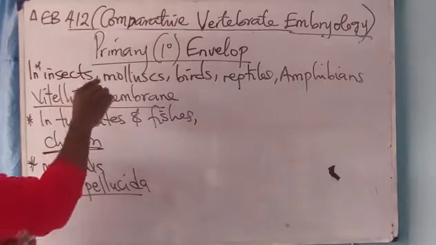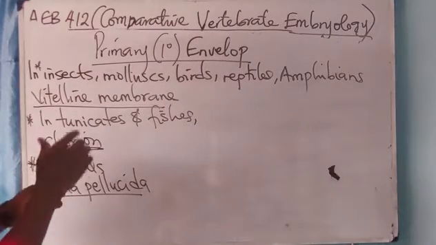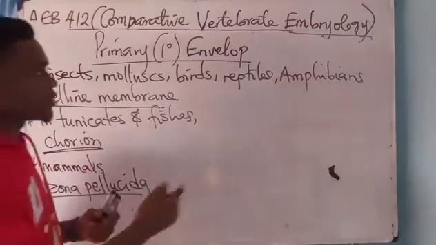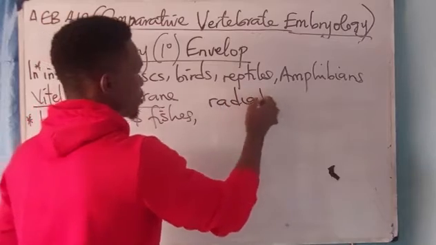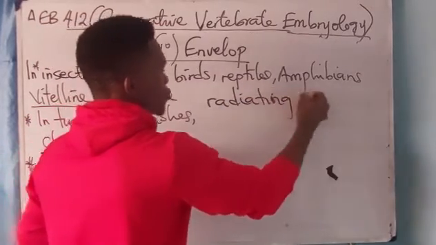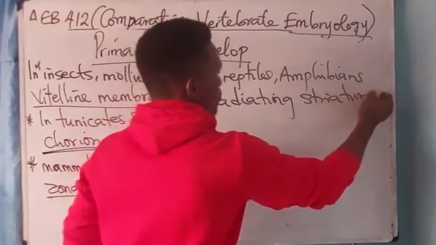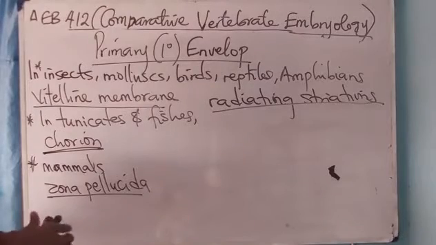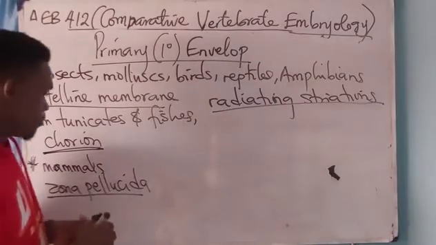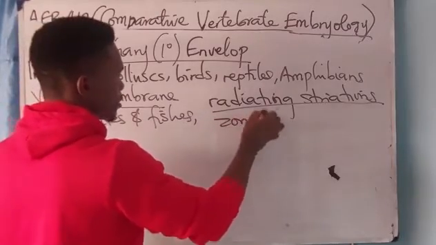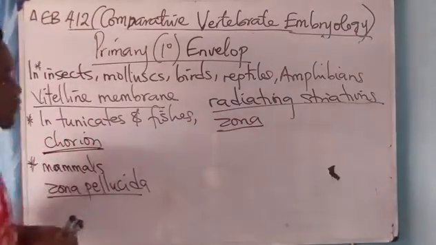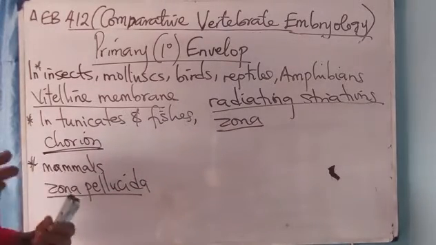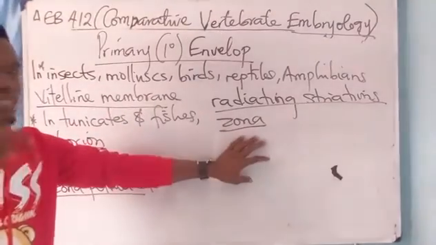However, when the oocyte and the follicle withdraw their radiating striations, the zona pellucida develops. Take note of that. For this reason, you now have some eggs leaving the ovary of the mammalian organism.